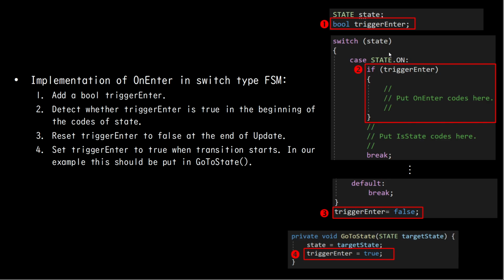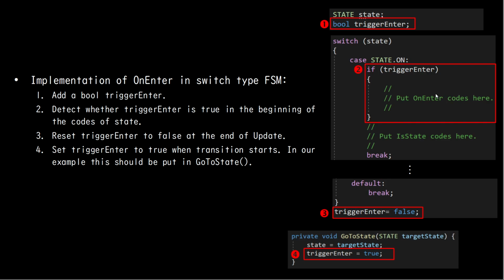Okay, so whenever I enter any of the states, the first thing is to figure out whether the trigger enter flag is set or not. If the trigger enter flag is set, that means this is the first time we enter this state. So we have to do some on-enter logic in here.